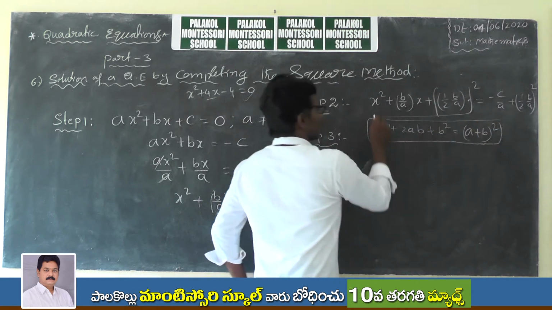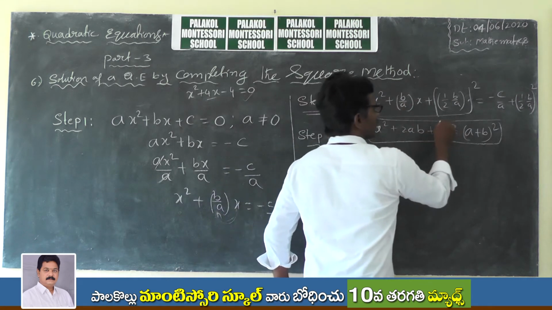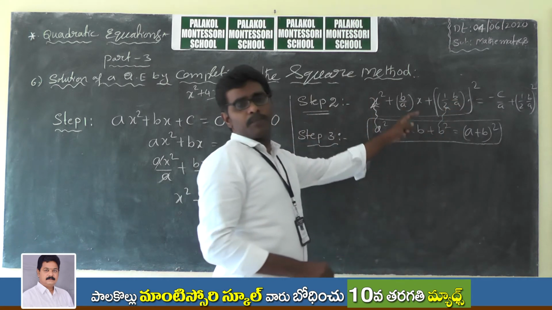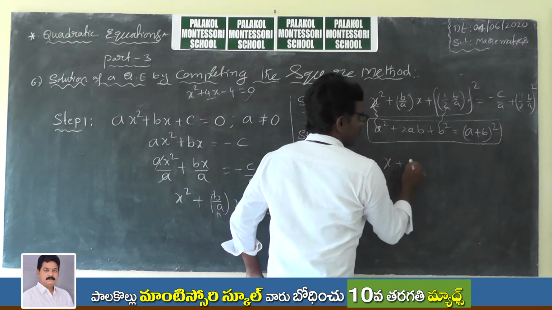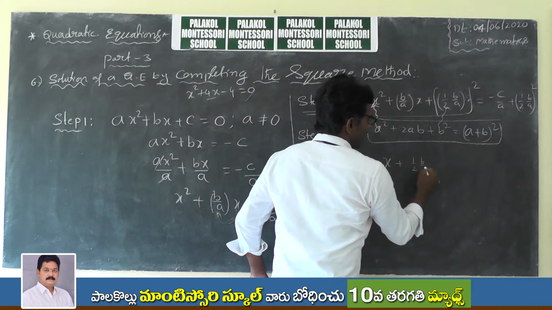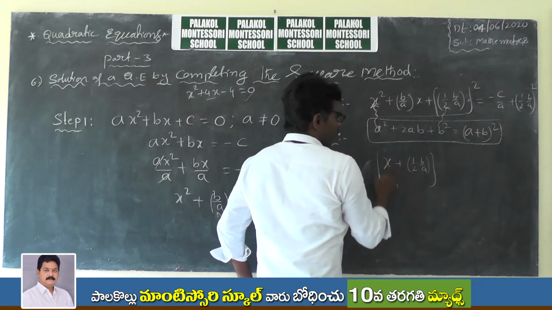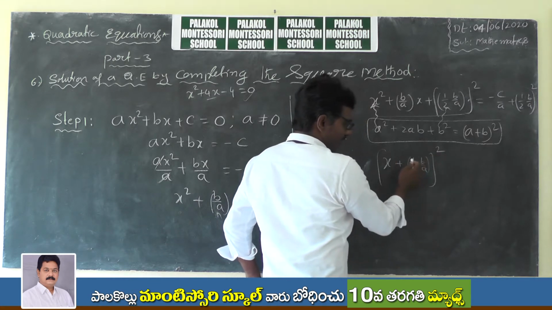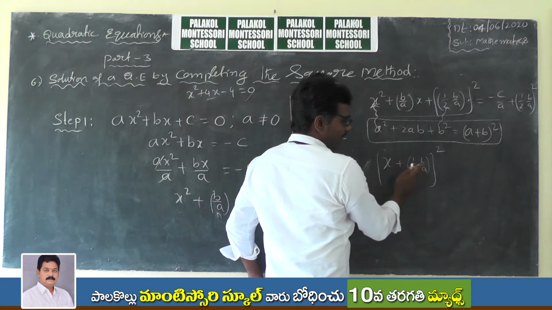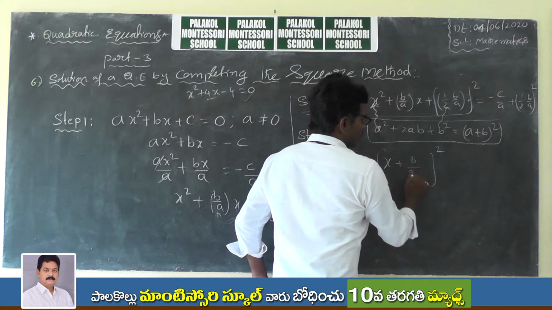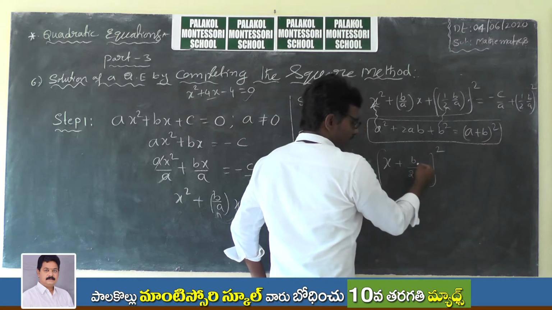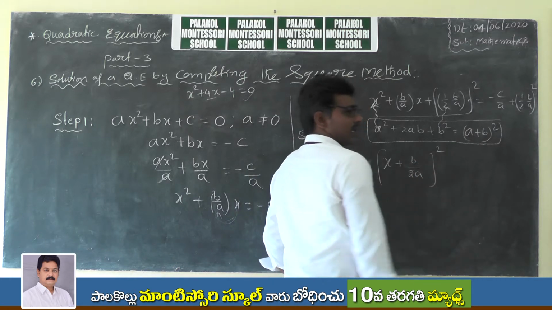Here a means x, and b means half of b by a. So you write x plus half of b by a whole square. Simply, 1 into b, 2 into a, 2a. So you write b by 2a: x plus b by 2a whole square.